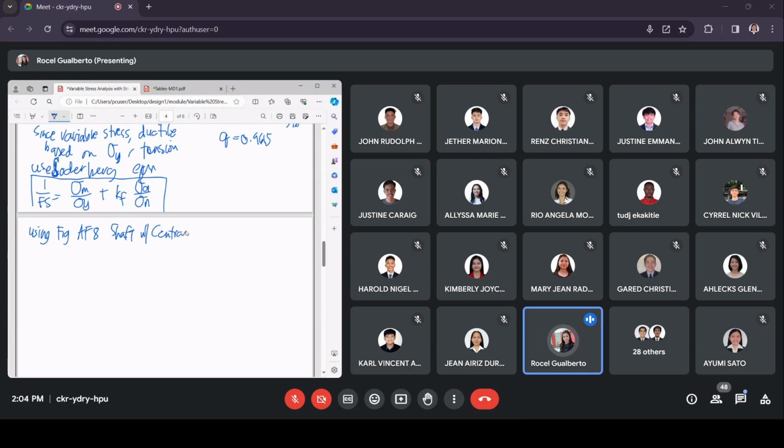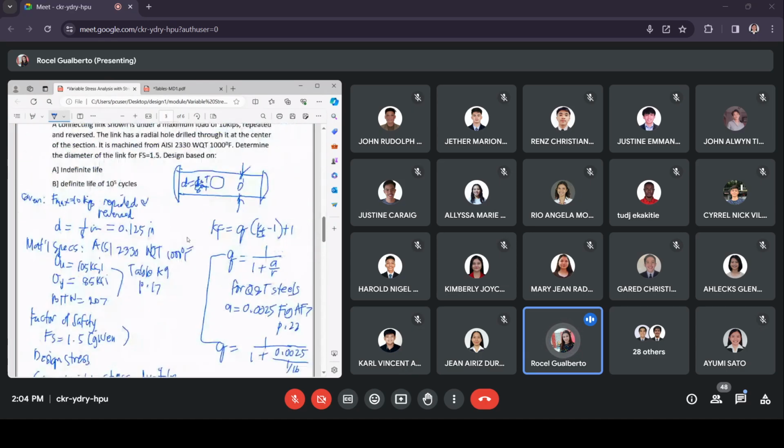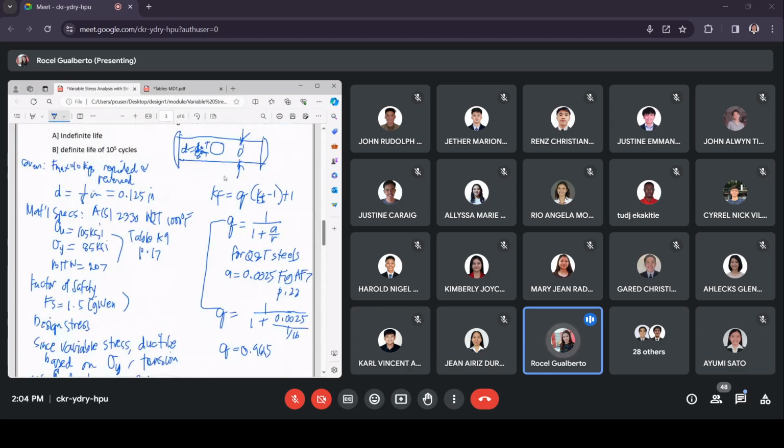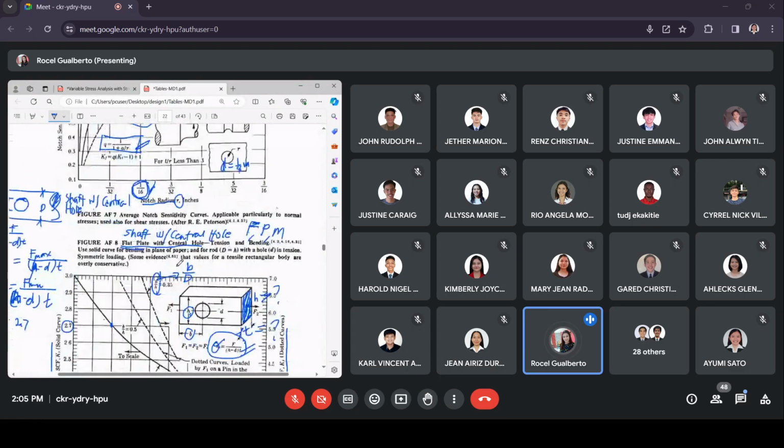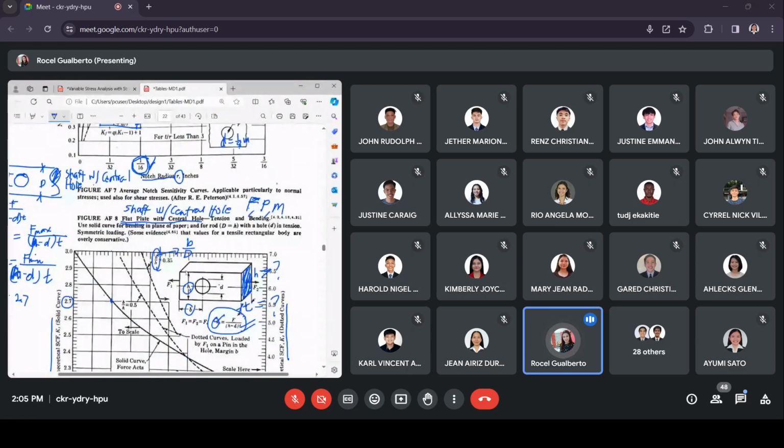We have discussed it earlier. Looking at the given, this is the same as that of figure AF8. So you need to relate your given figure of the problem you are solving with the figures here. Basically it is the same with this one.